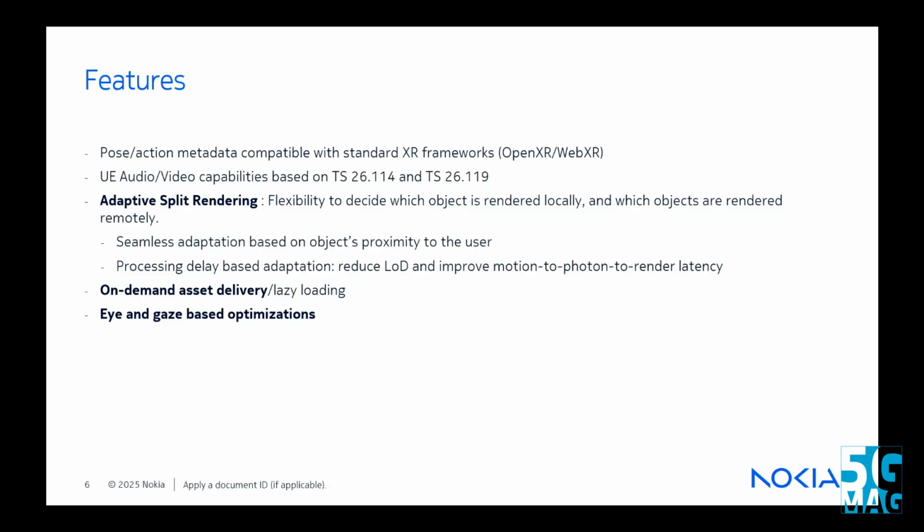And then we have also defined this processing delay-based adaptation, where if the network notices that the split rendering process is taking too long and your motion to photon to render latency is high, you can improve that, for instance, by reducing the level of detail that you're using for rendering your 3D scene, so that the overall experience remains unaffected. Well, at least you don't induce too much latency into it.